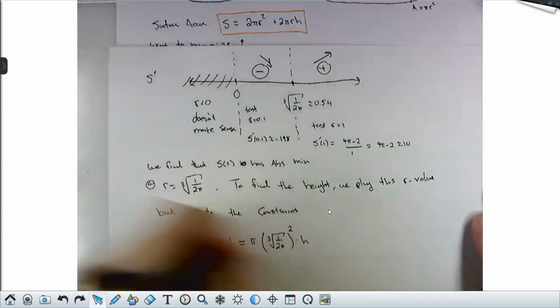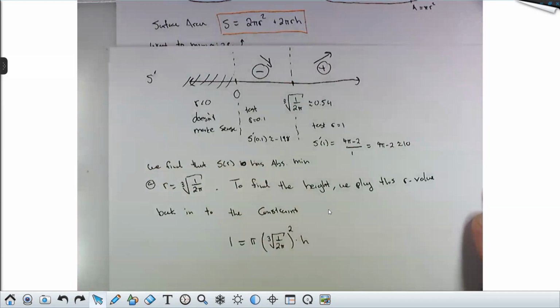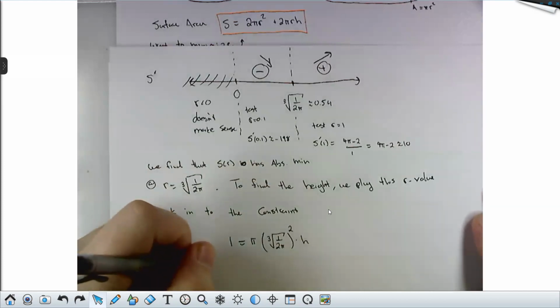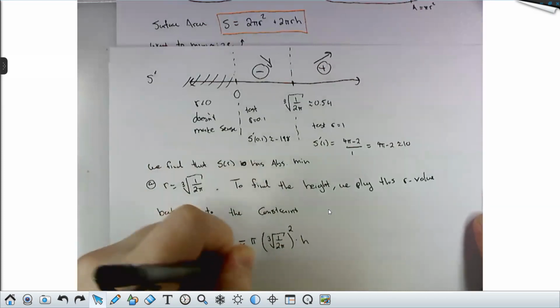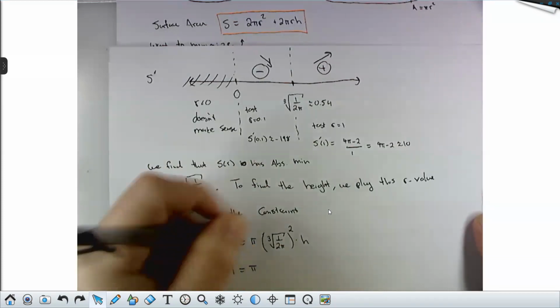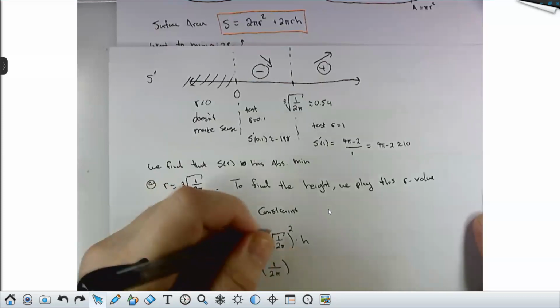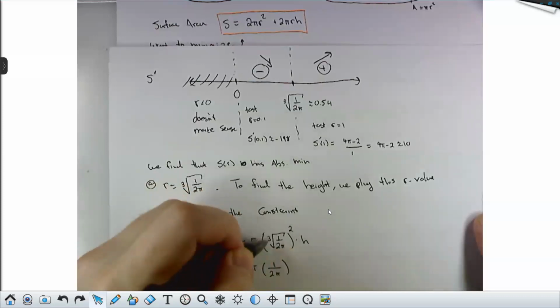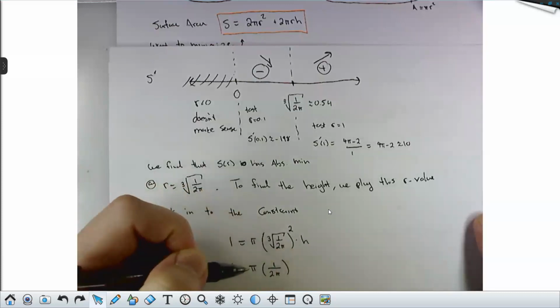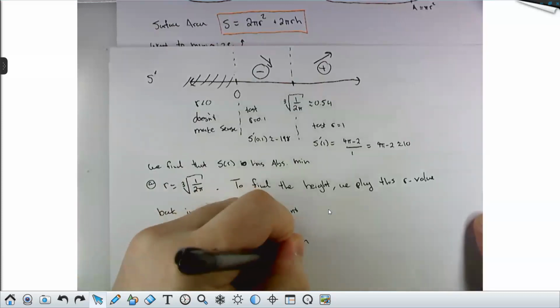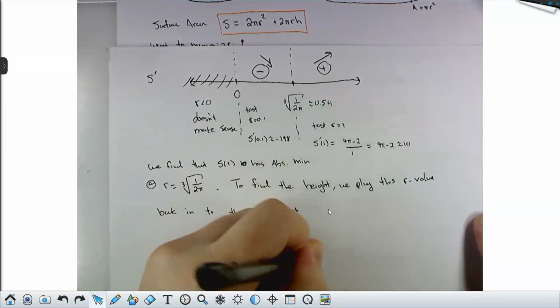The mechanics of solving for this depends on how comfy you are with the algebra, so I'll try to be a little bit careful here. Let's first clean up the right-hand side. This is 1 equals pi times 1 over 2 pi raised to the power of 2/3, right? The cube root is the 1/3 power, and then we're squaring that, so that's the 2/3 power, times h.